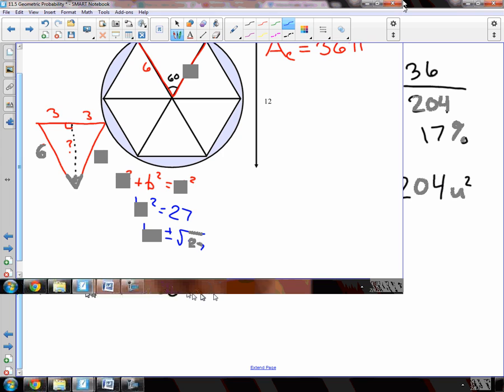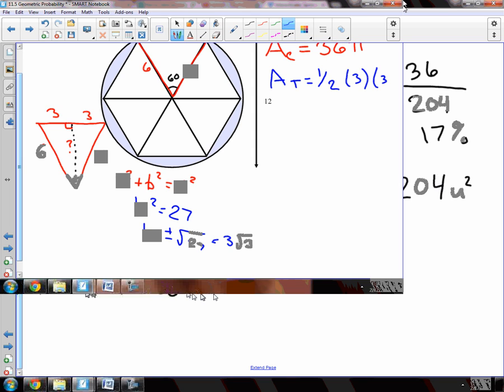So the area of the triangle equals 1/2. Our base for one of these is 3, and our height is 3 square root of 3. What do we need to do in order to get this whole triangle piece, the area? Right now we just found one side of it.